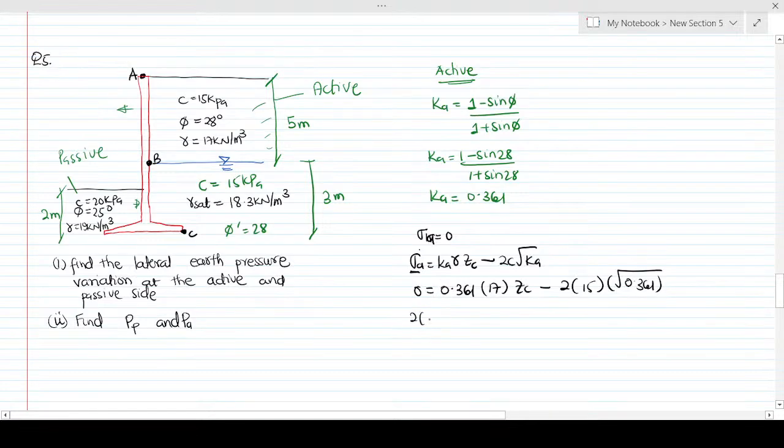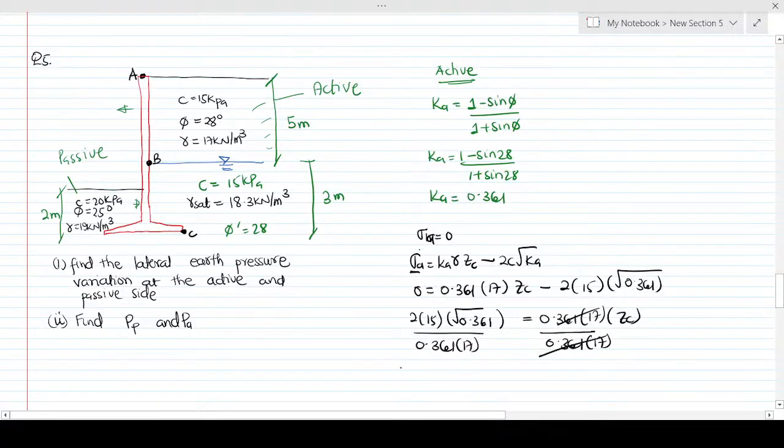I'm going to get 2 times 15 multiplying square root of 0.361 is equal to 0.361 multiplying 17 multiplying ZC. So over 0.361 by 17, my ZC, that's my depth of tension crack, is 2.94 meters.